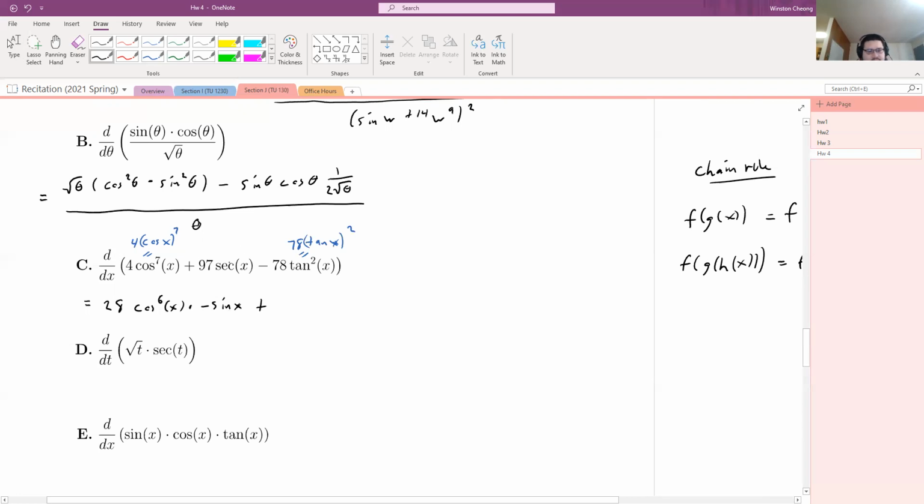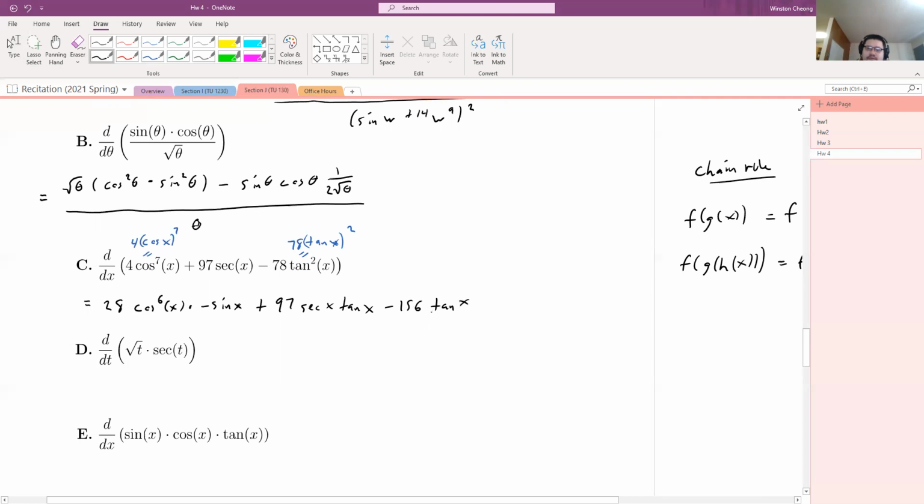The second term is pretty straightforward. You just have to remember what is derivative of secant. So that's secant tangent. And then the last term, well, we have the power again. So power rule followed by chain rule. So this is going to be 156 tangent.